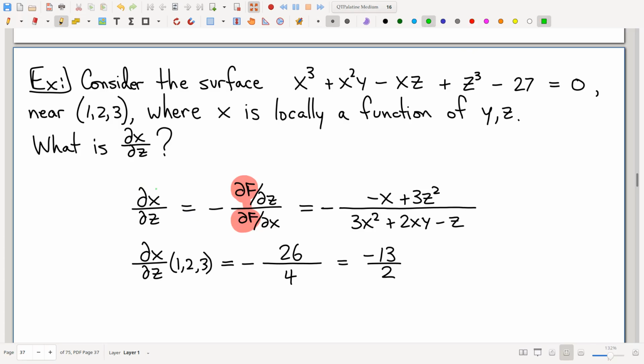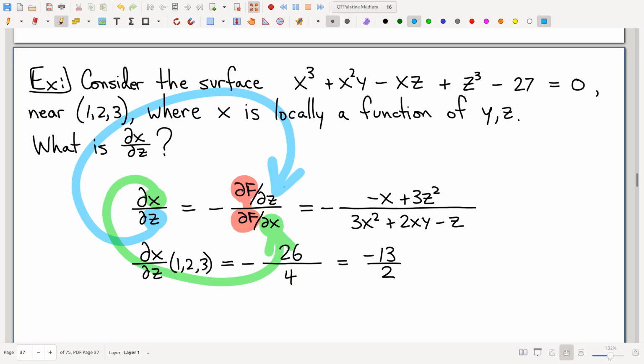The thing that I want to be my numerator is going to be the denominator of my denominator, so I'll put that there. And the thing that I want to take the partial with respect to, that's my kind of denominator. That's going to be the denominator of the numerator, and I put that right there. And having remembered that minus sign from the very beginning, now I have the right formula.